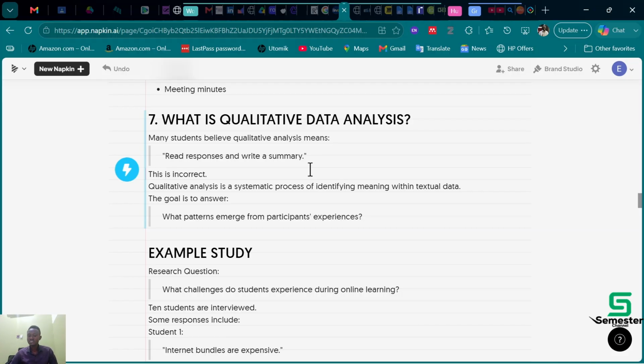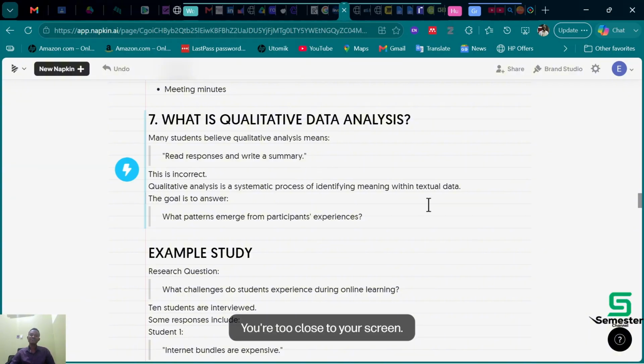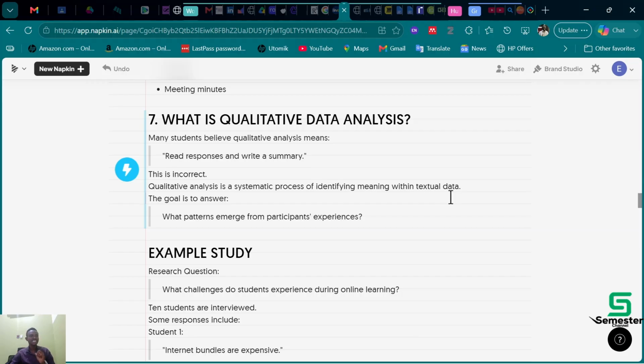The correct thing is qualitative analysis is a systematic process of identifying meaning within textual data. So there is meaning in the text, and then it is your duty to pull out that meaning, okay, to act as a detective to identify that meaning in the text. So the goal is to answer what patterns emerge from the experiences of the participants.